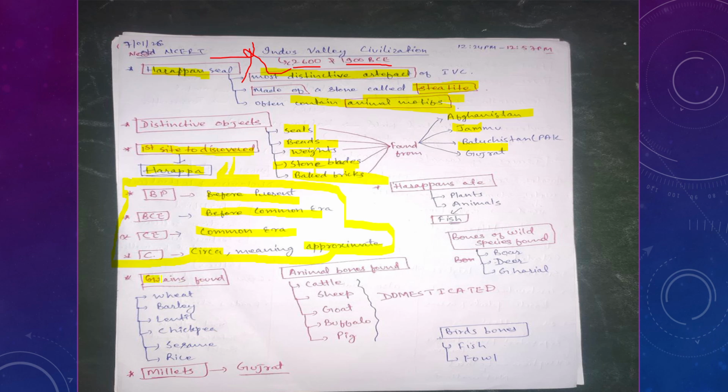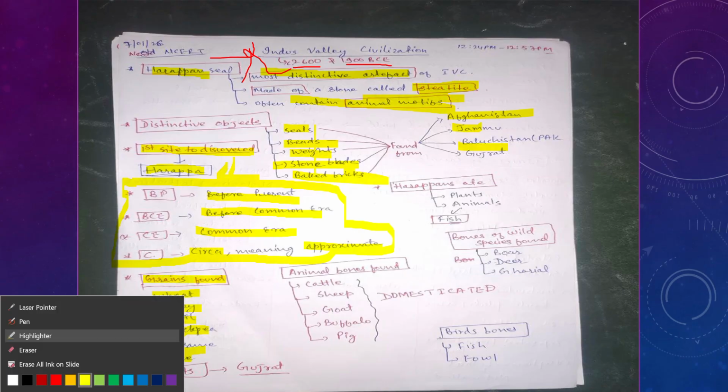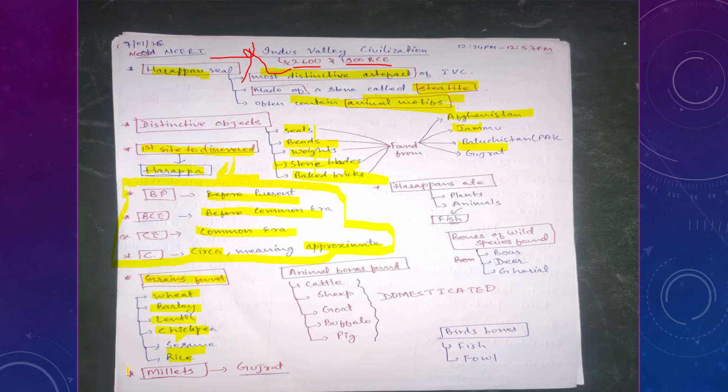Now there were grains which have been found from the Indus Valley civilization. These are wheat, barley, lentil, chickpea, sesame, and rice. Please remember this is the most important fact that we must remember, that is, the grains that have been found from the Indus Valley civilization.